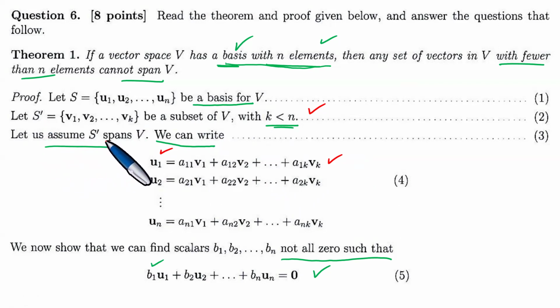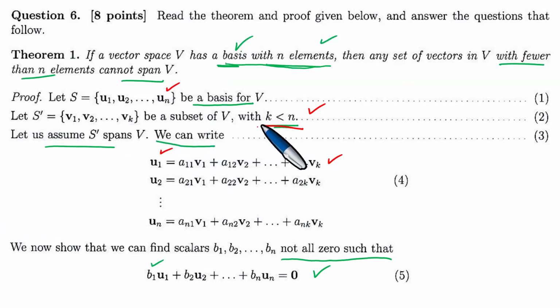Because this K is less than N, we know very well that for N vectors, we have a trivial solution.